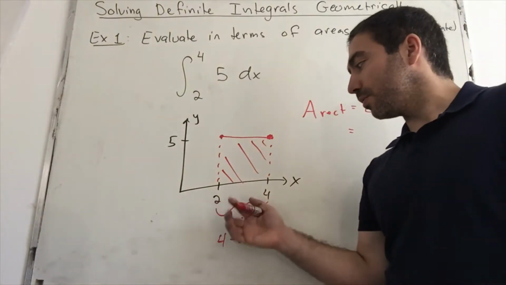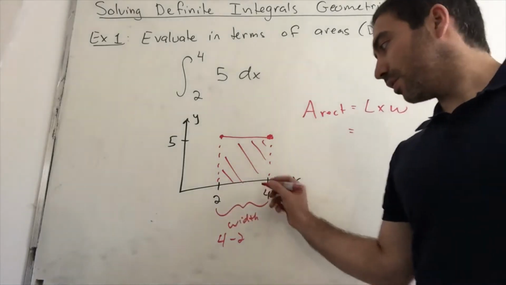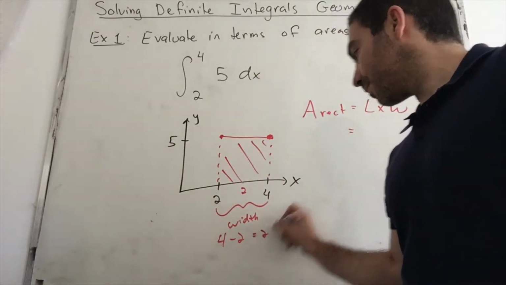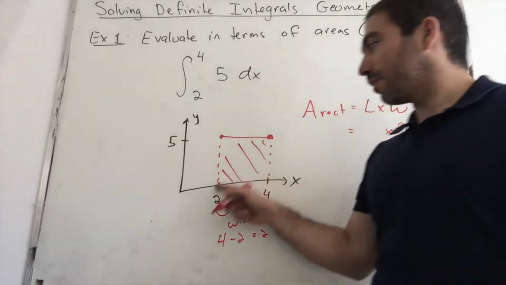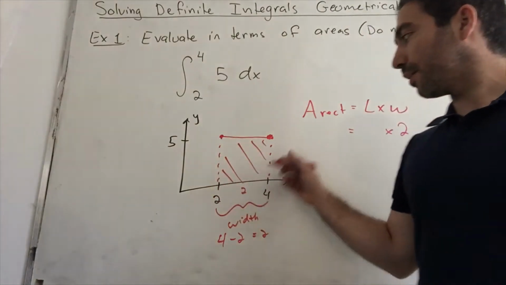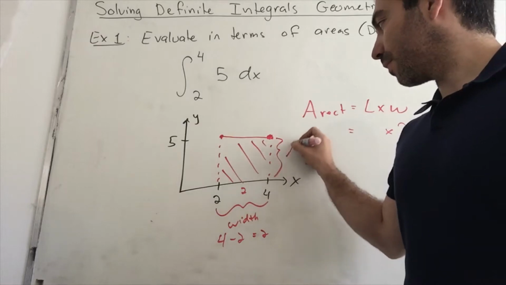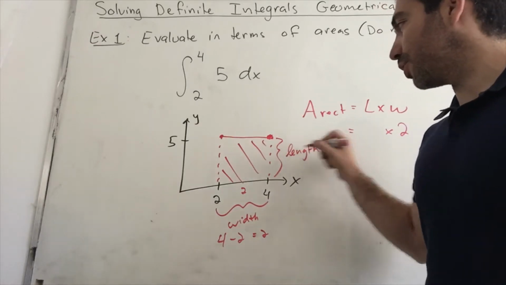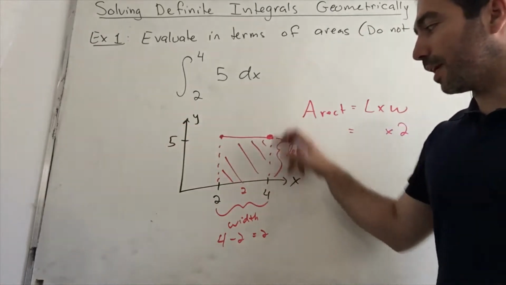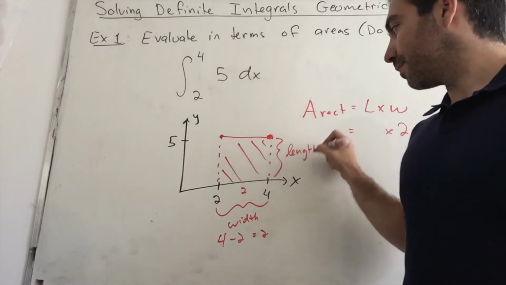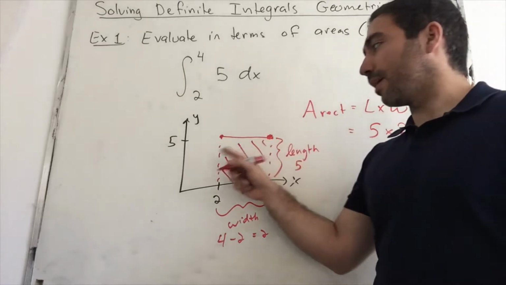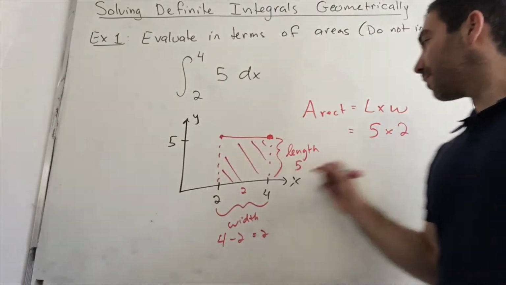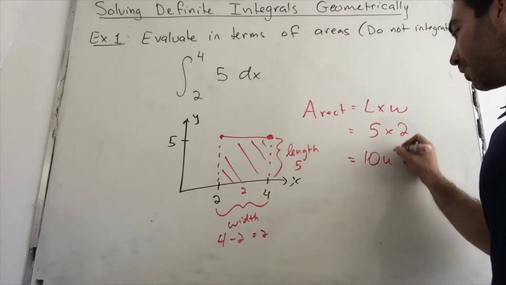So 4 minus 2 gives us a distance of 2. And what's the length? Let's consider this to be the length. How high is it? Well, it's just constant at 5. So this is a height of 5. So the area of this rectangle is simply 2 times 5, giving us 10 units squared.